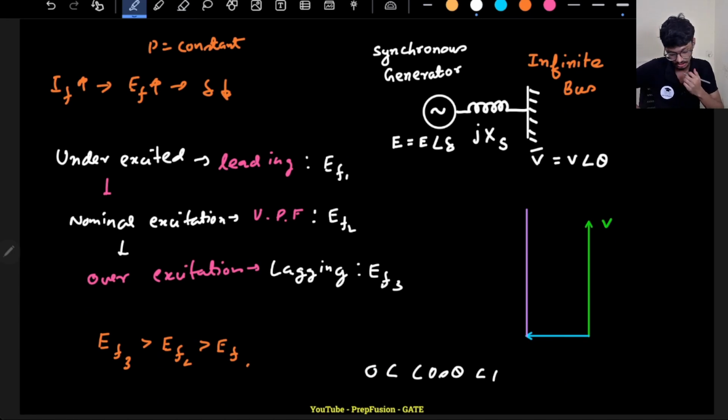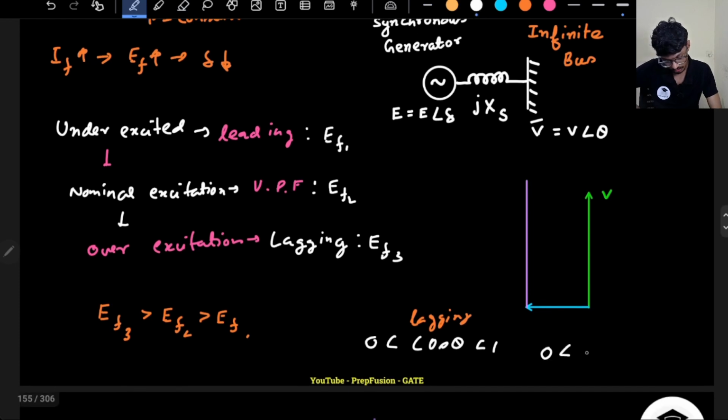For the lagging case it has one range, and for the leading case also, cos theta can vary from 0 to 1. There can be two cases over here.